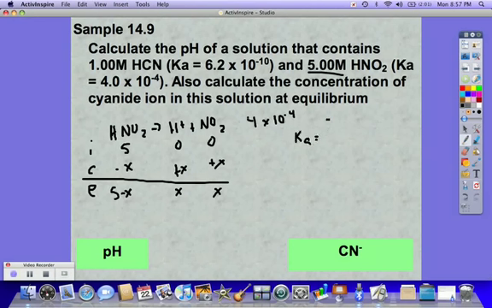And so our Ka is equal to H ion times NO2 ion over HNO2. Plug everything in.